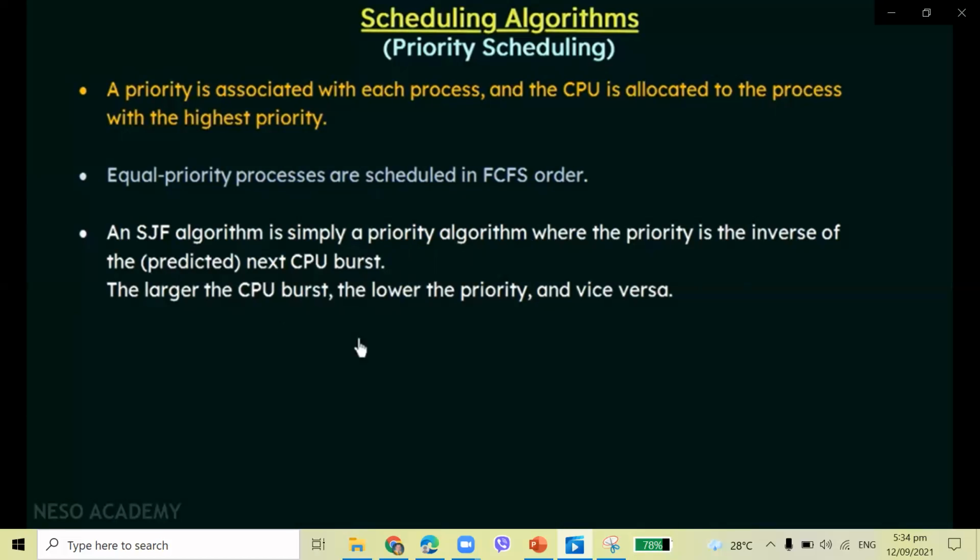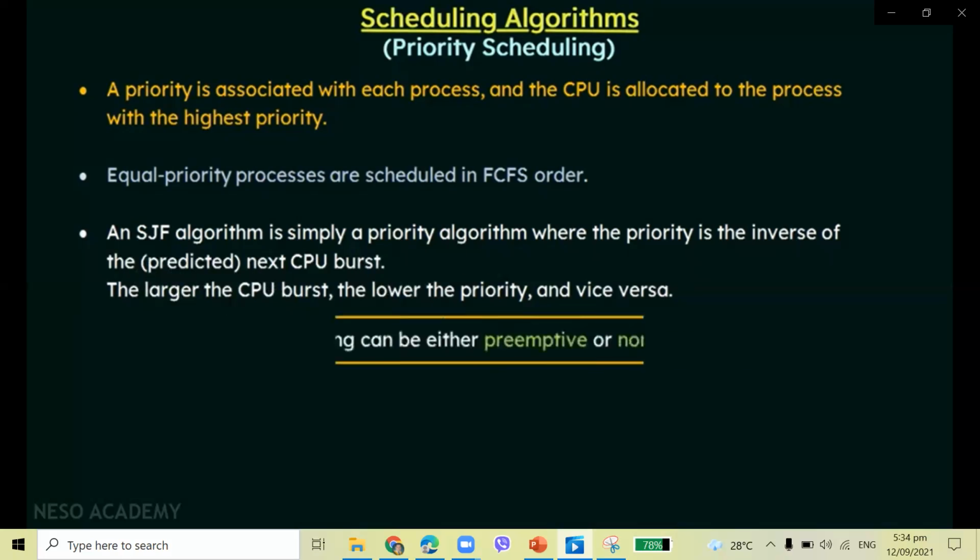So that process will be of higher priority. The larger the CPU burst, the lower the priority. The smaller the CPU burst, the higher the priority. So that is what we mean by this sentence. The SJF algorithm is also simply a priority algorithm with this factor.